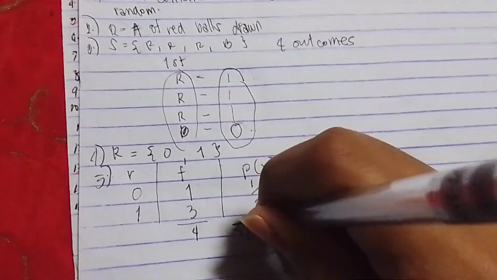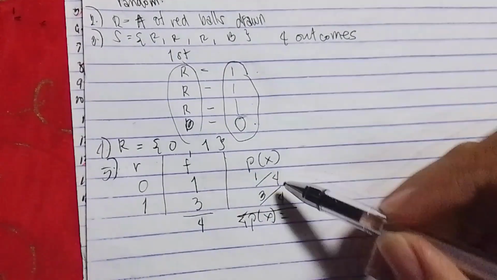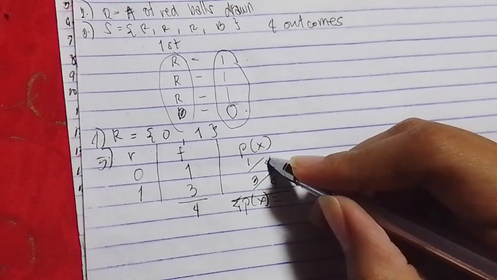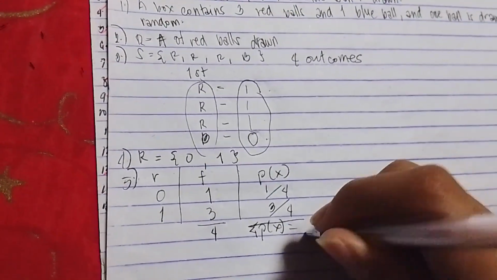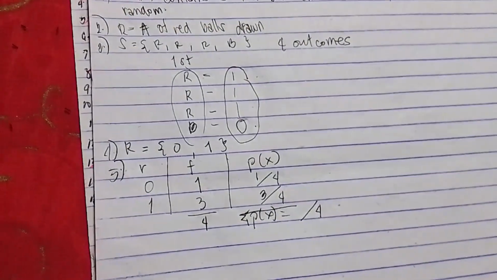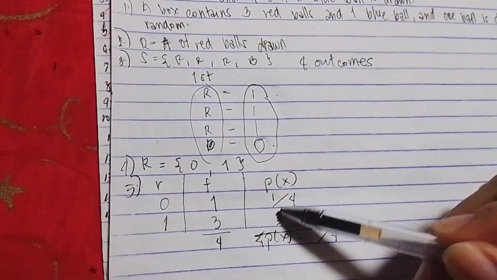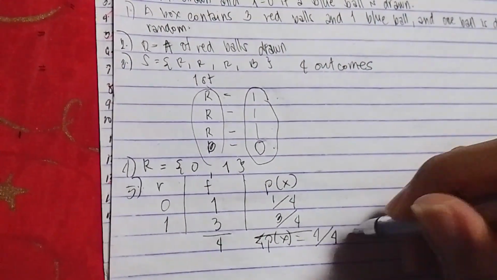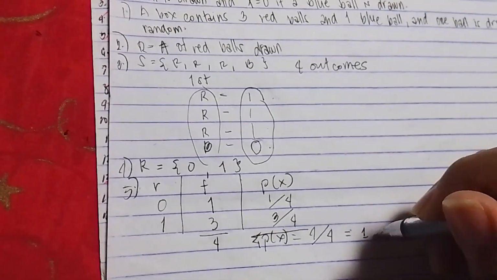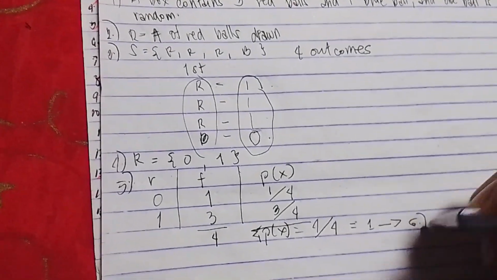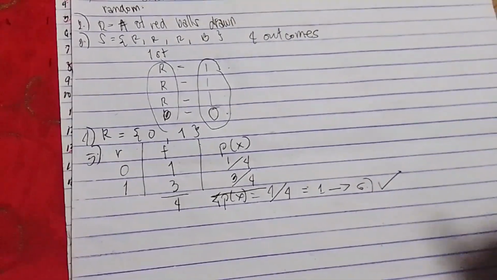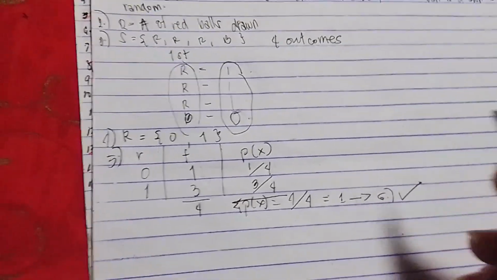Summation of p of x is equal to 4 over 4. So the denominator is just the same, so we'll put it directly. 1 plus 3 is equal to 4. So our answer is 1, which makes our step number 6 accurate. Correct, because it's equal to 1.